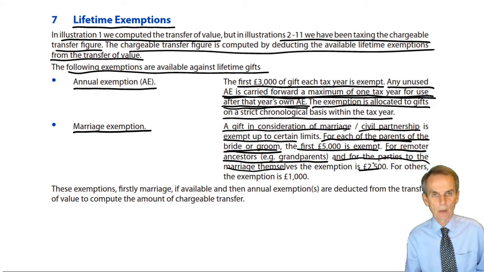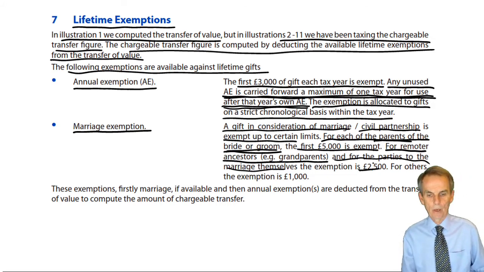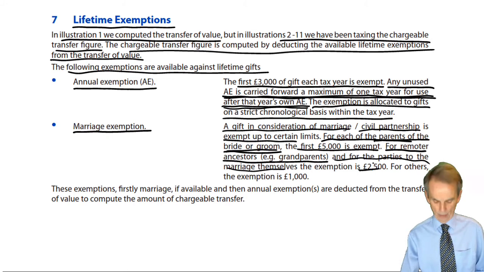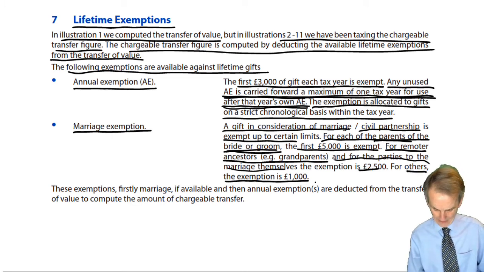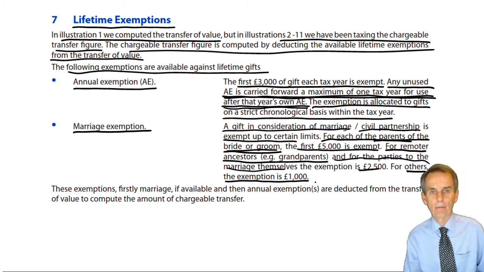Are we talking about a parent to that individual? Are we talking about a grandparent or great-grandparent? If we're talking about anybody else, for others, the exemption is £1,000. Giving to your niece or nephew or cousin, whoever it might be, £1,000 is the marriage exemption.